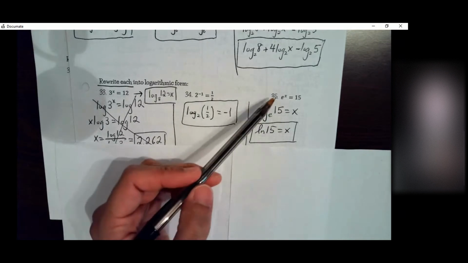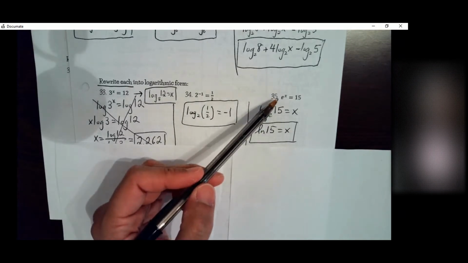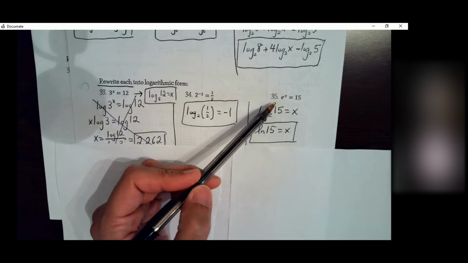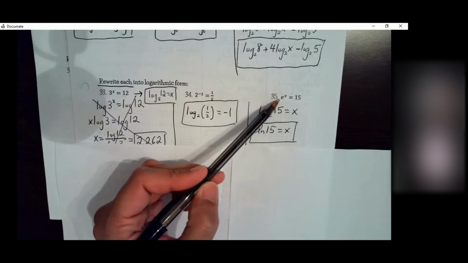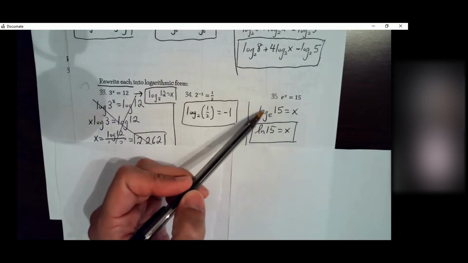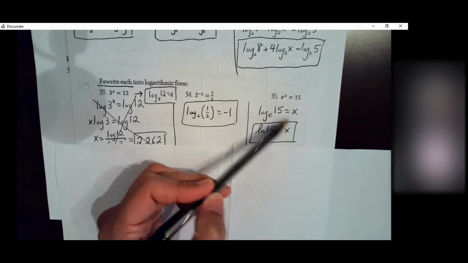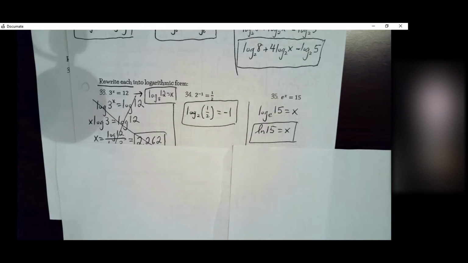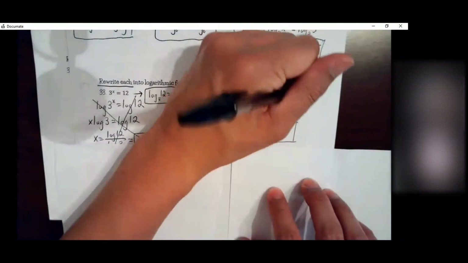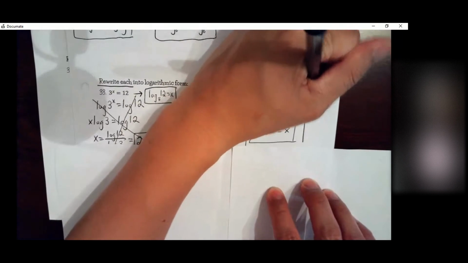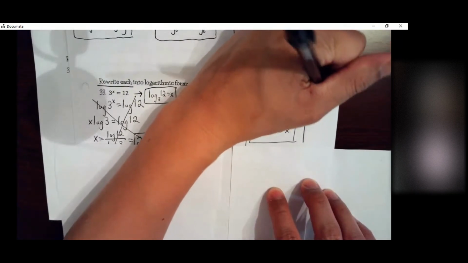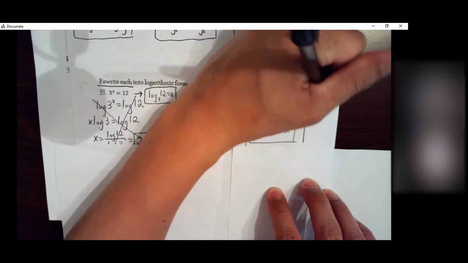Oh, yeah, you may be right here. I converted into log form. Log base e of 15 equals x. Oh, okay, but you could also take the natural log of both sides. That could also work as well. And we'll get the same answer.